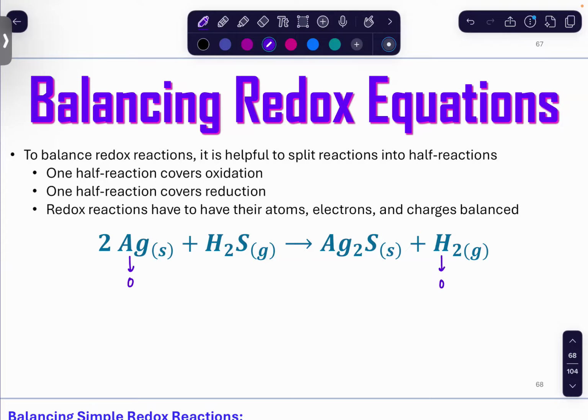Now, let's look at hydrogen sulfide gas, H2S. Okay, we have hydrogens, so remember our rules. So I can say each hydrogen is a +1. There are 2 hydrogens. Oops, not minus.